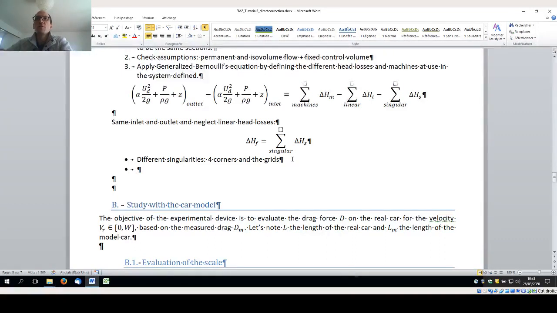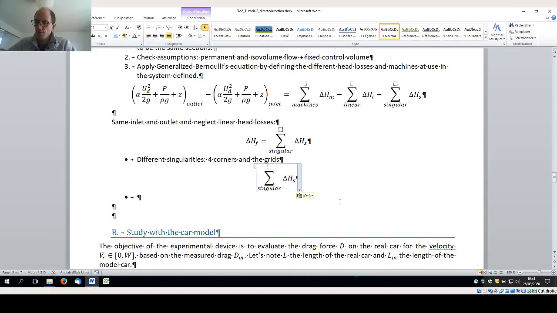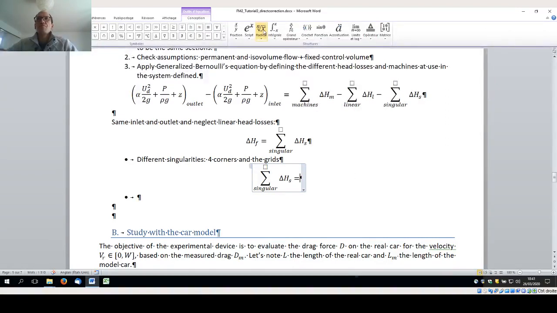So this means that the sum of all those is equal to, so you have to be careful about this definition.